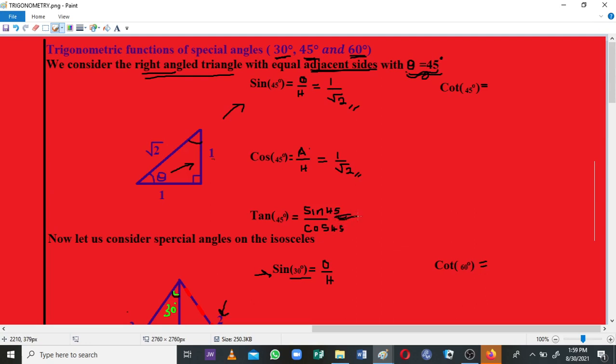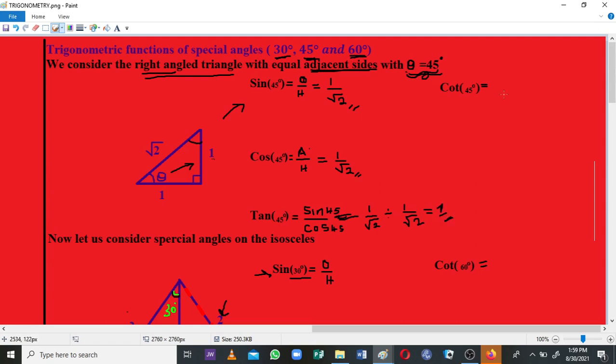We know that sine 45 is 1 over the square root of 2. We are dividing this by cos 45, which is also equal to 1 over the square root of 2. This gives us a value of 1.